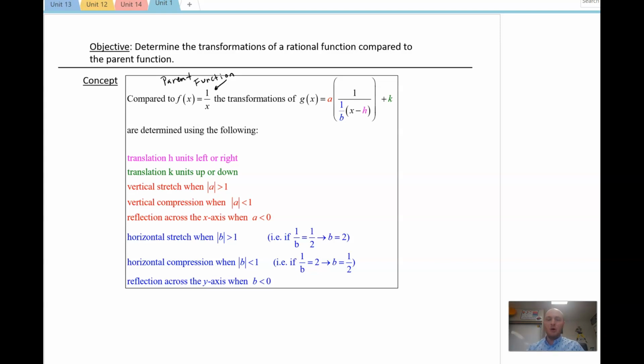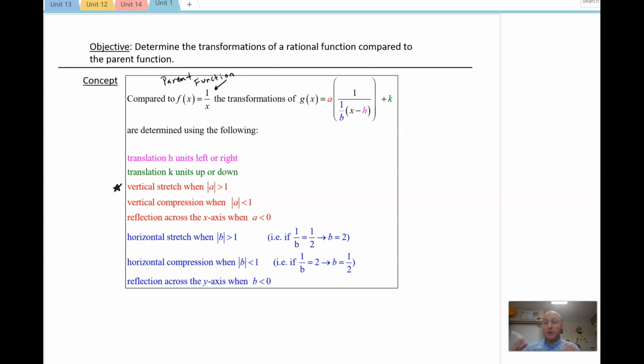And generally, you won't see a and 1 over b in the same type of problem or the same type of function. You'll get one or the other. I want to go over these for a bit. I'll start off with a, and that's your coefficient or multiplier out front. Remember, those control vertical stretch, vertical compression, and reflection.